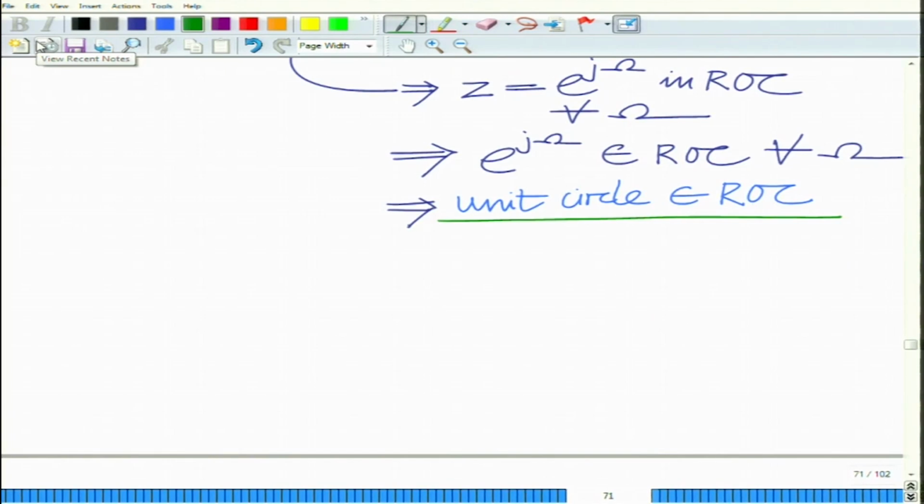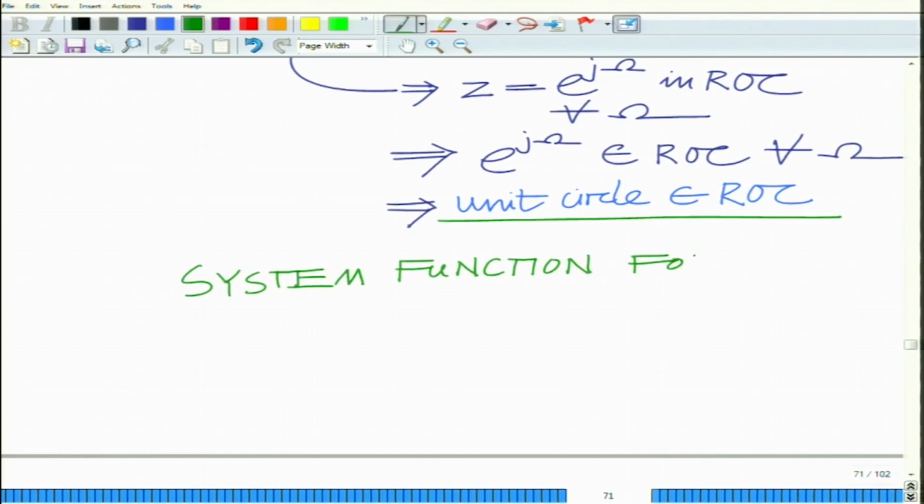Okay. Now, let us look at the system function for an LTI system described by a difference equation. What we want to do is again fairly simple.